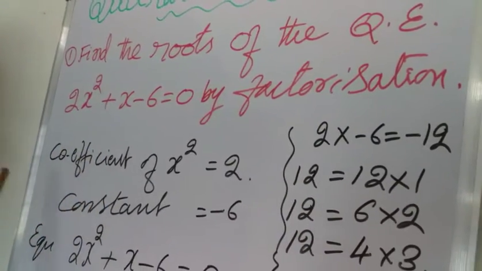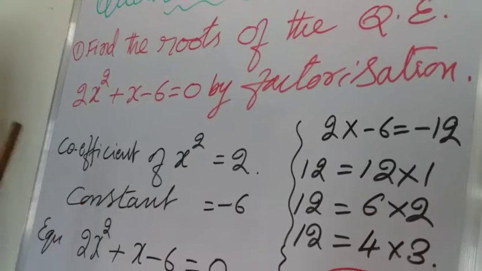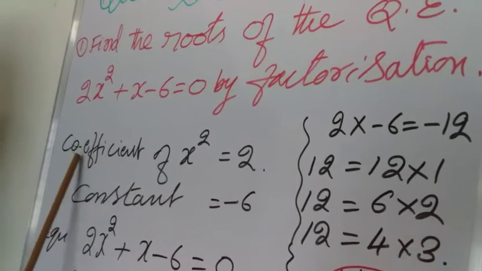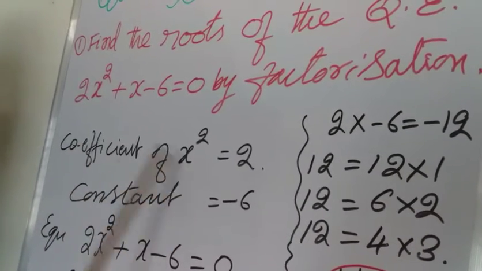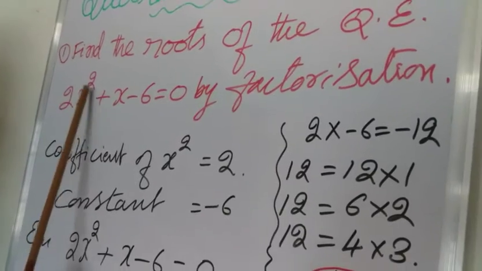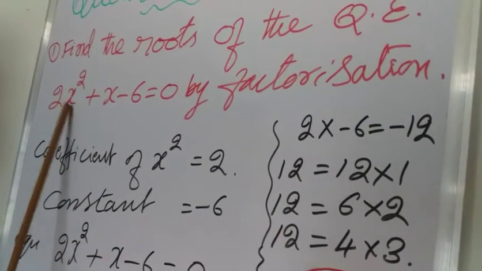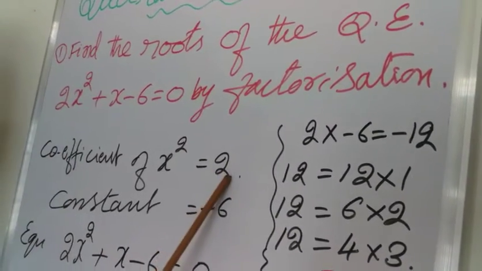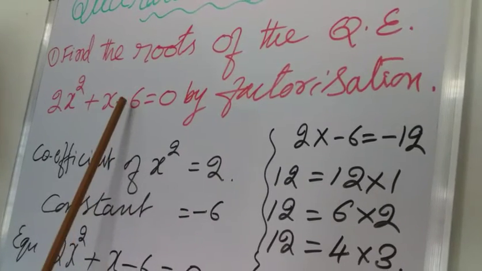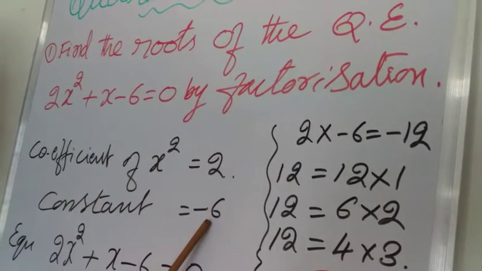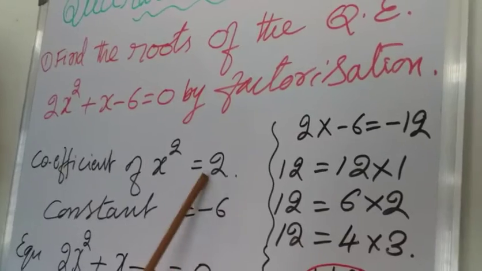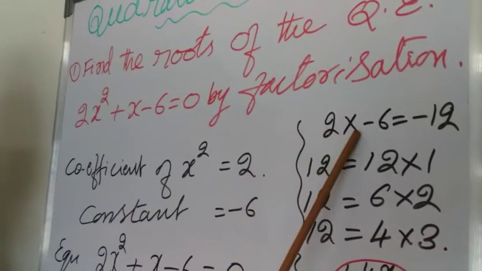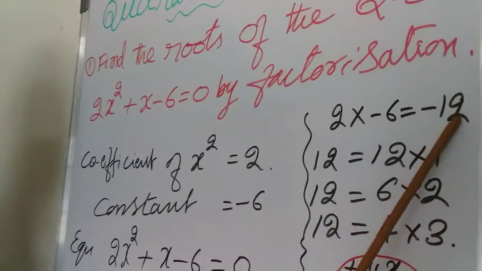As per the steps we told previously, the coefficient of x square, 2x square is the first term, so the coefficient of x square is 2. The constant is minus 6. Find the product of these two, that is 2 into minus 6 equal to minus 12.